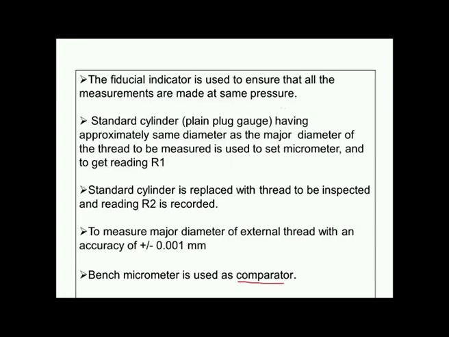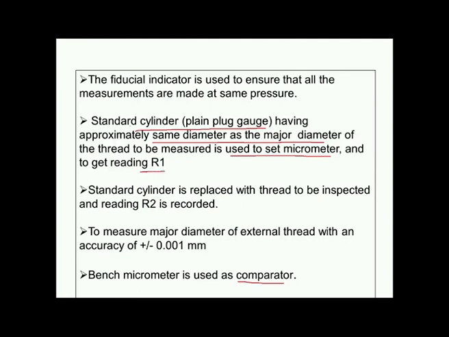That means a standard cylinder, normally a plain plug gauge having approximately the same diameter as the major diameter of the thread to be measured, is used as a standard cylinder for setting the micrometer, and over the standard cylinder the micrometer reading is taken and recorded as R1.